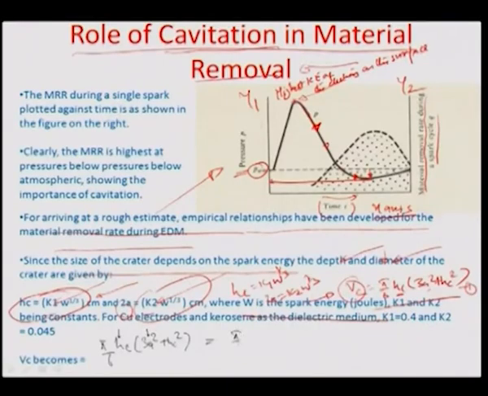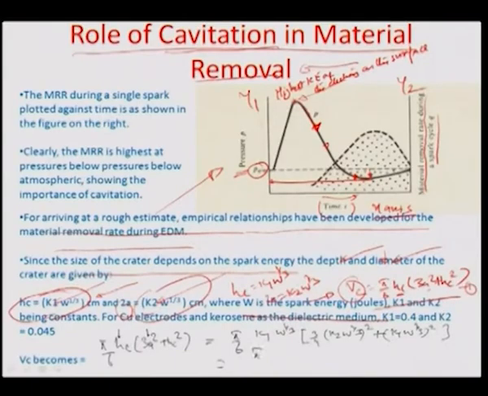So you have pi by 6 times k1 w to the power of 1 by 3, which is the Hc value, times 3 by 4 k2 times w to the power of 1 by 3 square, and plus instead of Hc you can have k1 w to the power of 1 by 3 square.